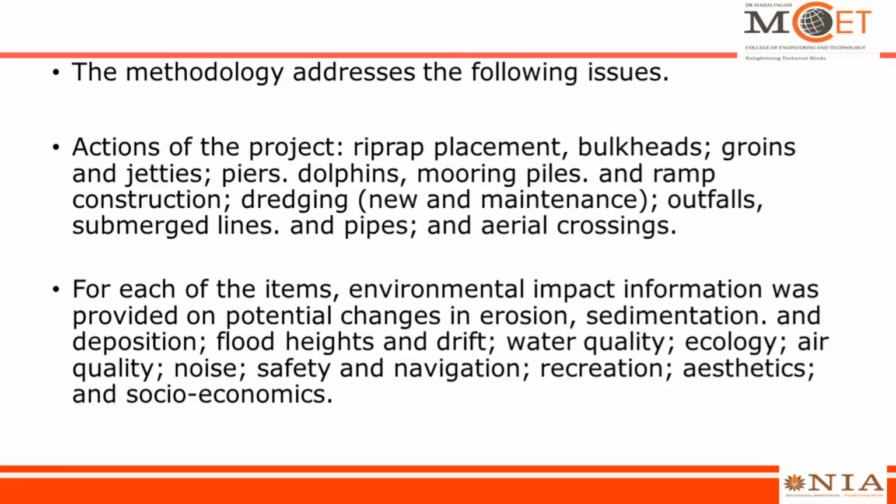For each of the items, environmental impact information was provided on potential changes in soil erosion, sedimentation, deposition, flood heights, water quality, ecology, air quality, noise, safety, navigation, recreation, aesthetics, and socioeconomics. So for all of these activities they have identified which factor is going to get affected.